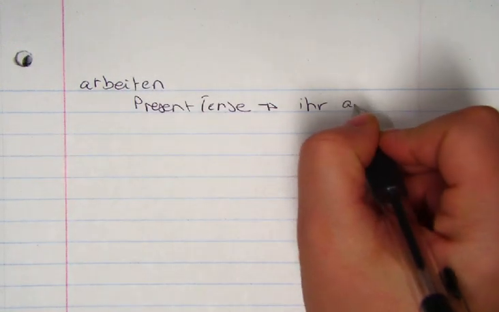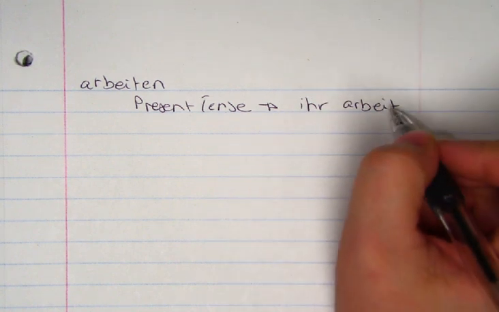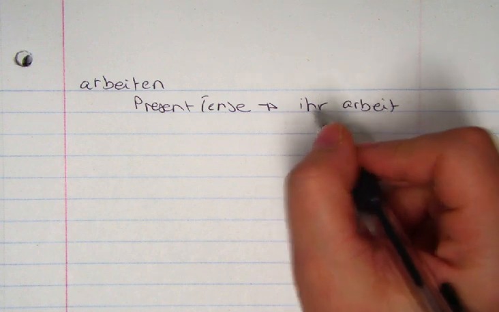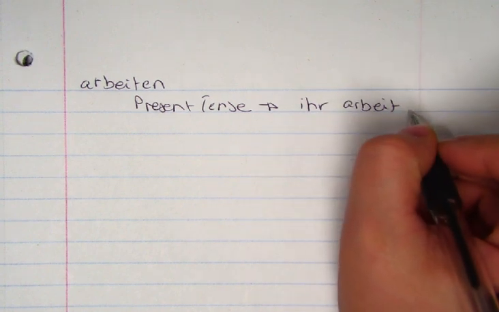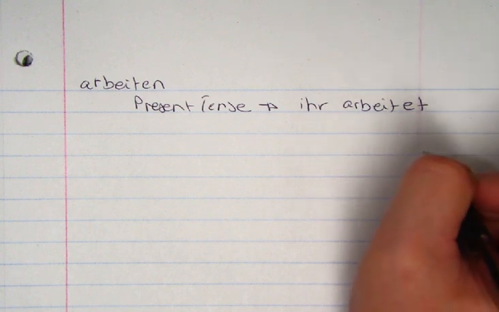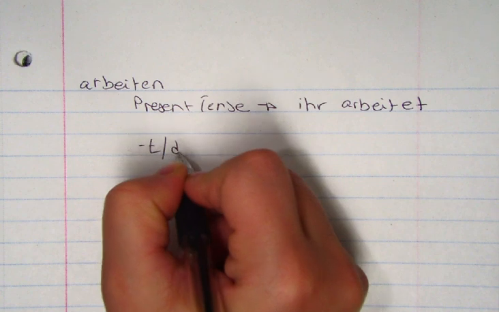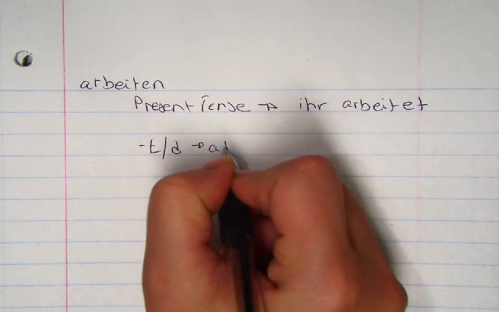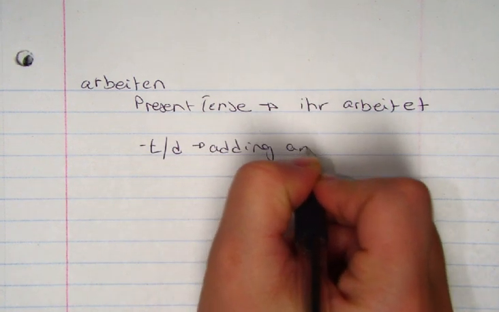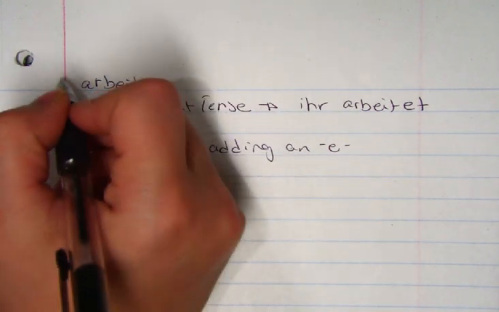Ihr, you're going to take Arbeit. There's your stem. Now the ending, you know, is a T for ihr. So you can't just add a second T there. So we had said that when you have this T, you're going to need to add an extra E. So things that end in T or D, you're adding an E. Right? So that's just for your present tense.